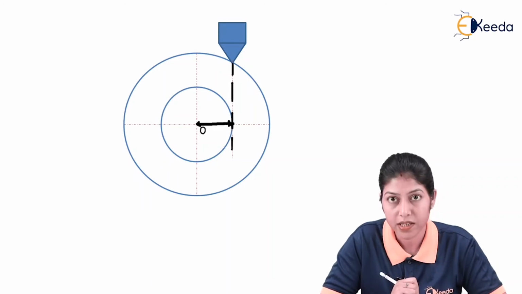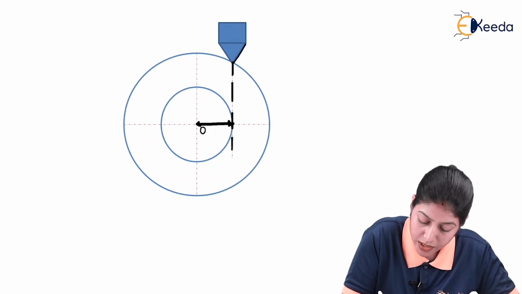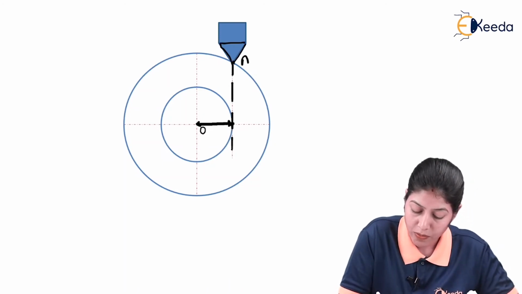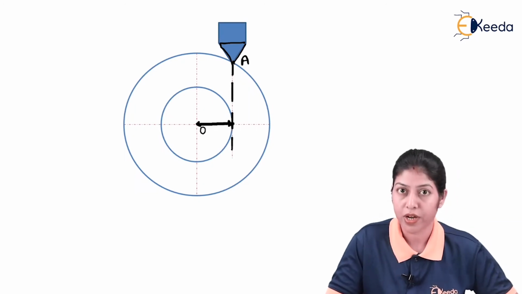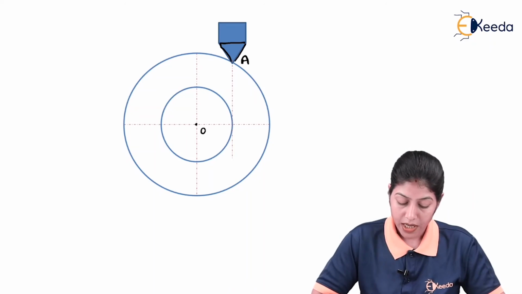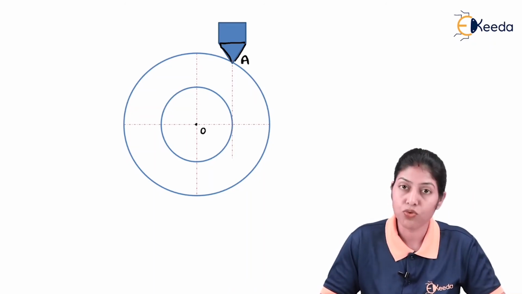So this is the axis of the follower. At this particular point, we will define the position of the follower, and we will consider this point as trace point A. Now we have the position of trace point A and the center of the base circle, so we will join these 2 points A and O.